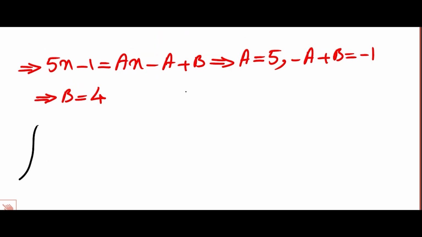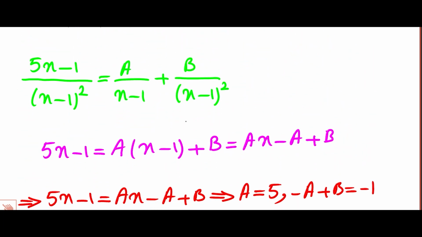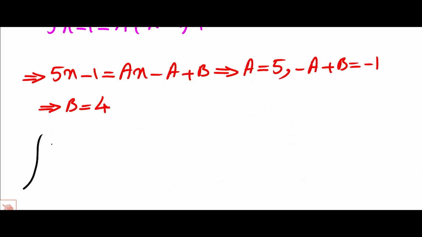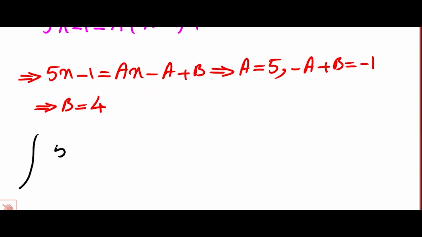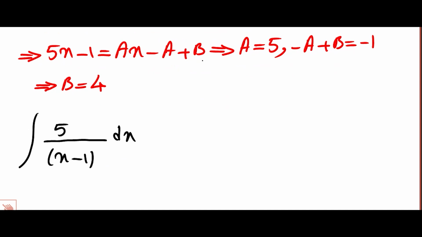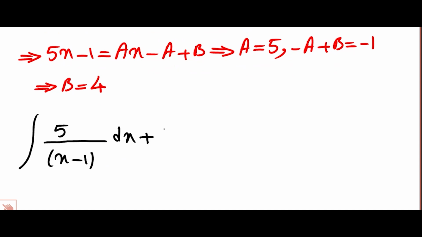So the integral becomes the integral of a over x minus 1 plus b over x minus 1 whole squared. A is 5 over x minus 1 dx plus the integral of b is 4 over x minus 1 whole squared dx.